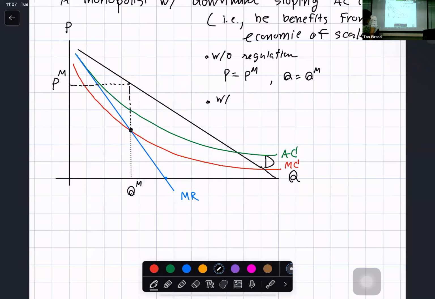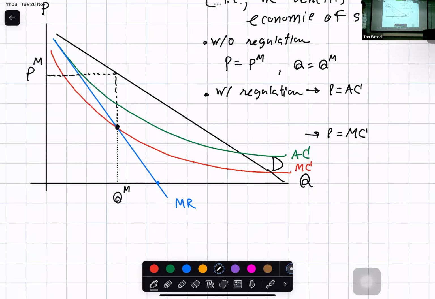with regulation, government may ask monopolist, hey, could you please charge the price equal to cost per piece, cost per unit, or unit cost?